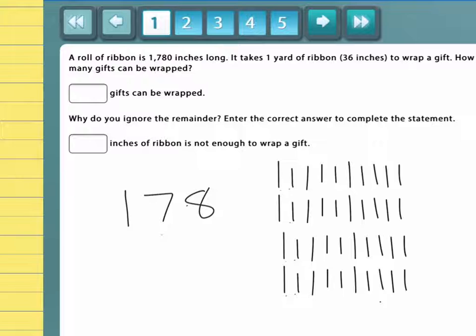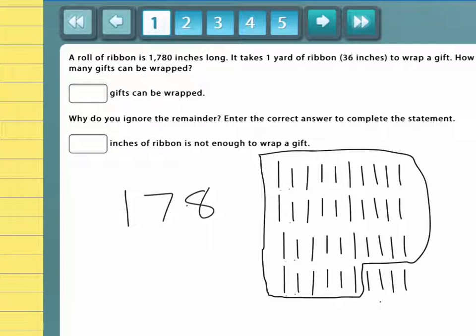So how many times will 36 go into 178? Well, here this is going to be 40 tens. So I can take away 36 one time from that 40, and if I did that, I'd end up with 142 tens left, and I could keep repeatedly subtracting 36 from this to get down to 0.